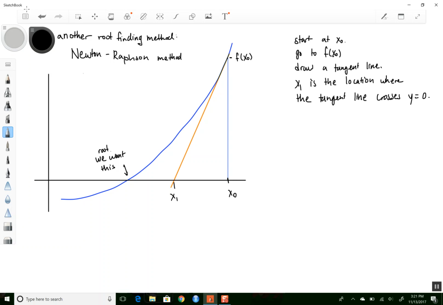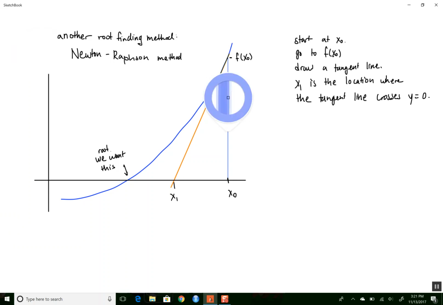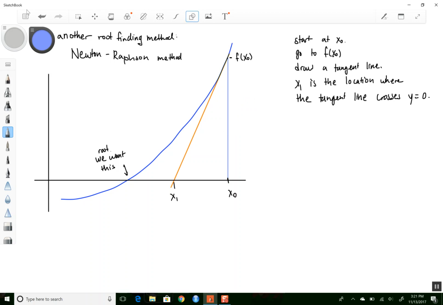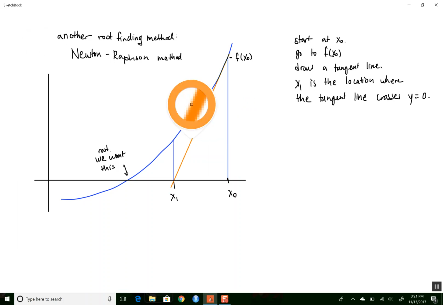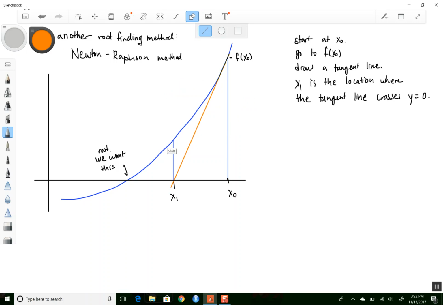Okay, and then your next iteration is going to be right here. We'll go up to the line, and then I draw a tangent right here. I don't know what the tangent line looks like right there.